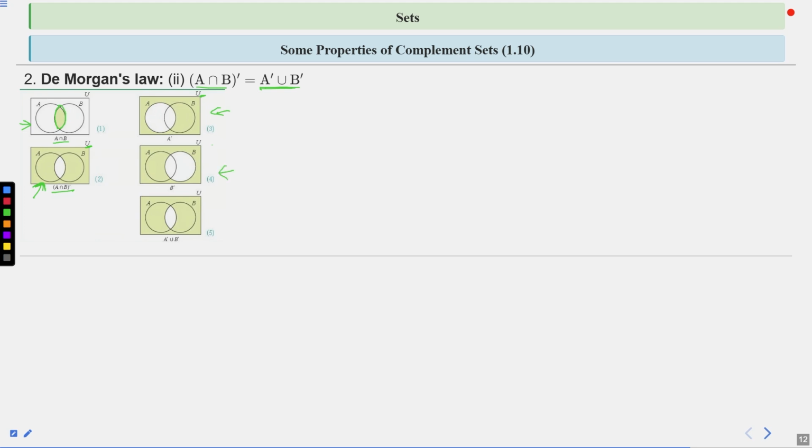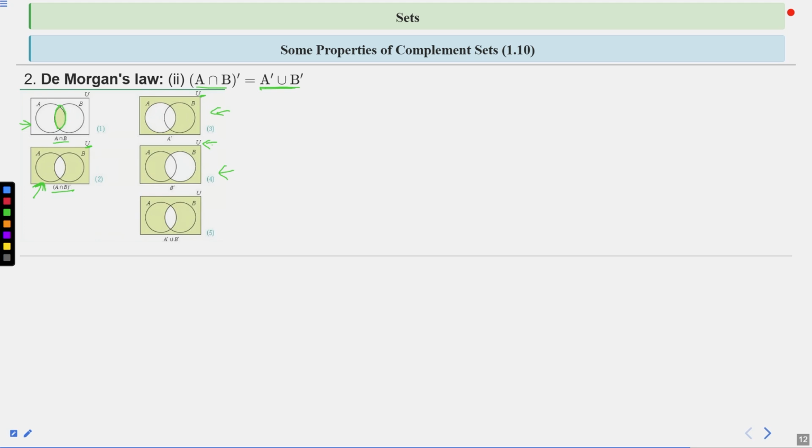Clear? The same goes for B complement. B complement is simply represented by the shaded part outside the circle B, meaning we are collecting all the elements inside the set U but not in B. Clear?